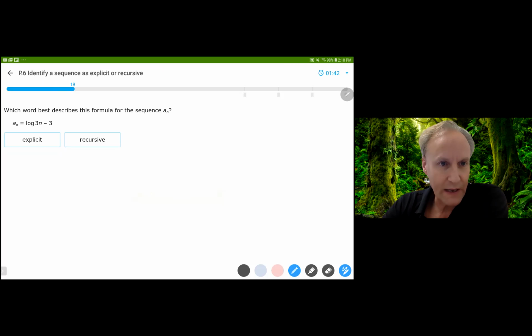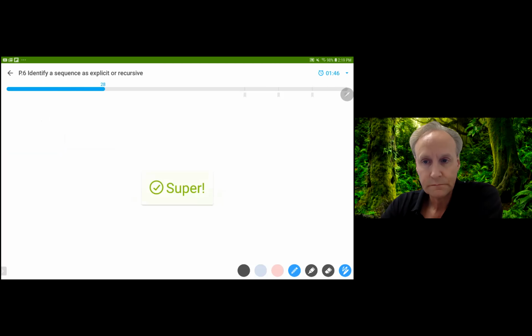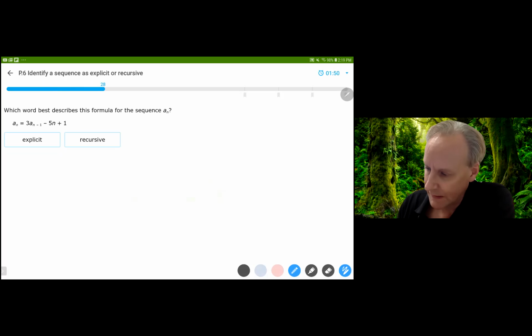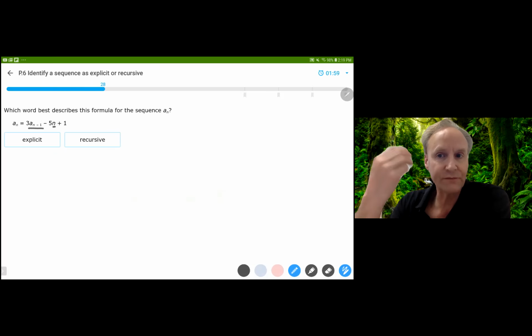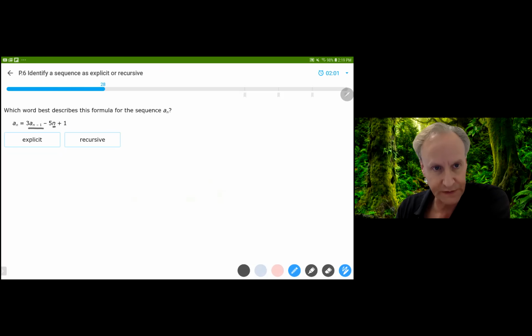This one has no a to the n terms in it, so it's explicit. This one has a single a to the n term in it. Some people say, well, it has an n too, but the reason it's recursive is because you have to know what came before in order to get what comes next.